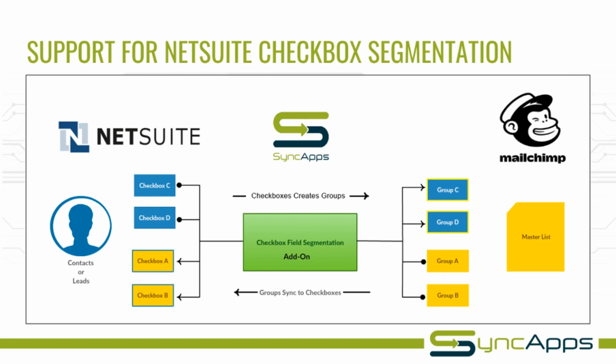But if your NetSuite record unsubscribes from checkbox D, then automatically he will also be unsubscribed from group D in your Mailchimp group. That is the beauty of the CRM checkbox fields for segmentation, and it is highly recommended, especially for GDPR policy usage. So definitely try and check out our CRM checkbox fields for segmentation for your integration here with SyncApps.